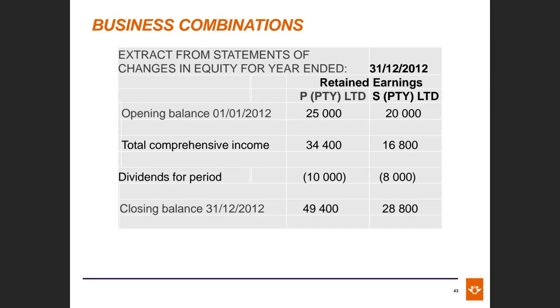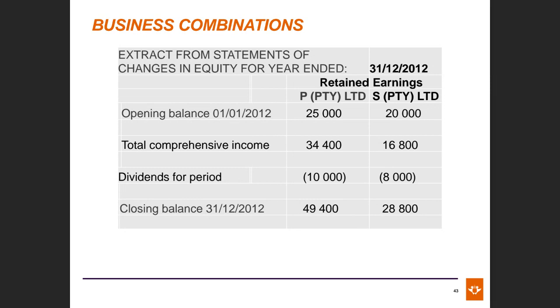Yeah, so P owns 80% in S. So when S declares a dividend here of 8,000 Rand, do you agree that P will receive 80% of that dividend, which is 6,400 Rand? Yes. So S is declaring a dividend. 6,400 Rand will go to P, and the remainder being 1,600 Rand will go to the non-controlling interest.